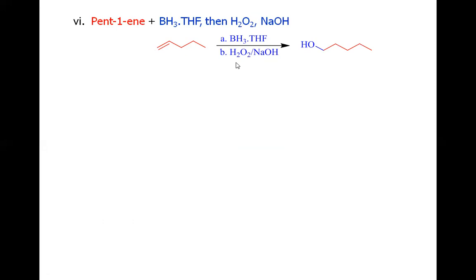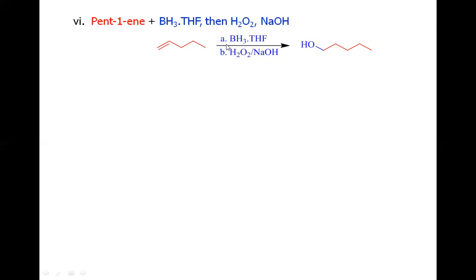And why this reversal of regioselectivity occurred, the answer to this question is hidden in the mechanism, which we were not asked. So I will not show you the mechanism, but let me tell you some wordings about the mechanism.